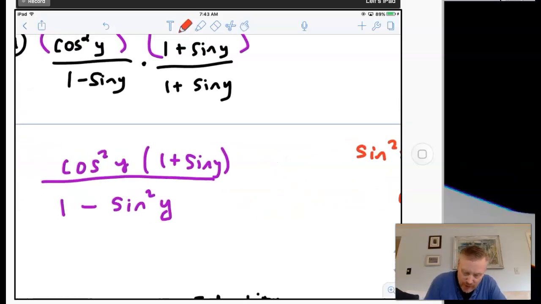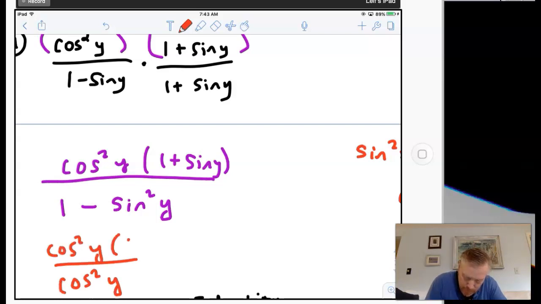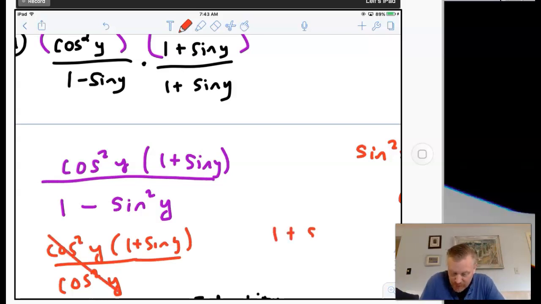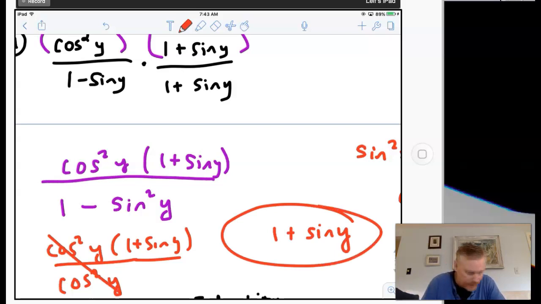So that denominator, I can change into cosine squared. So those cancel, which means I'm left with 1 plus sine of y. And I think that's it. That's as simple as you're going to get with that. Okay? So that's the answer.